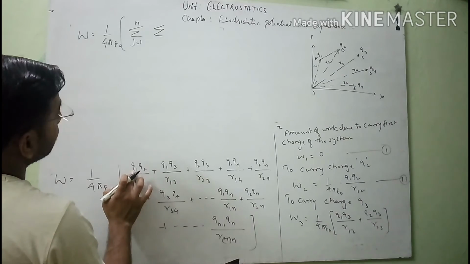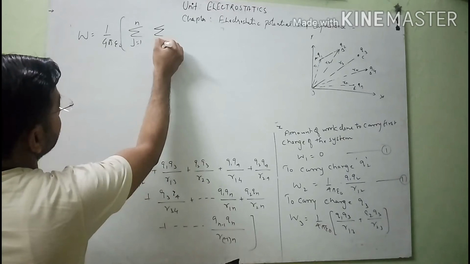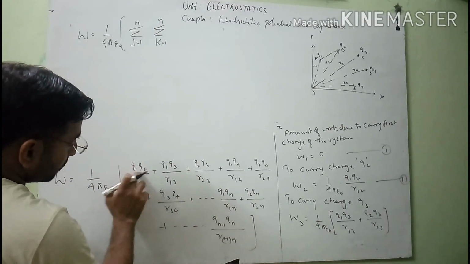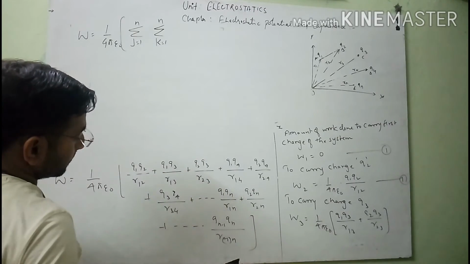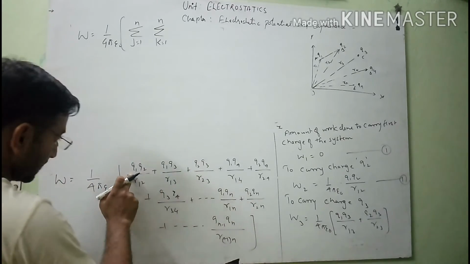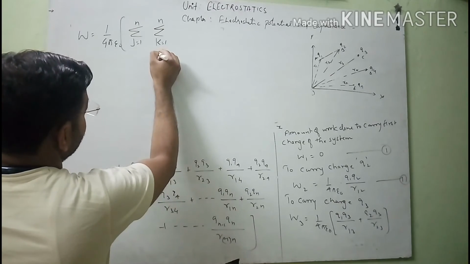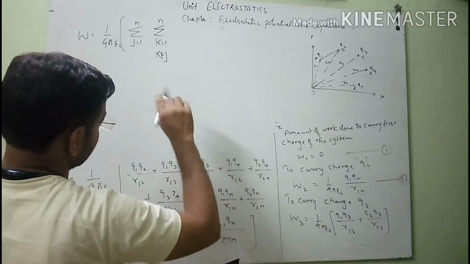For this I will use j equals 1 to n. For this I will use k equals 1 to n, and you will see these two values are never equal in any case. So I will write here k does not equal j in any case.